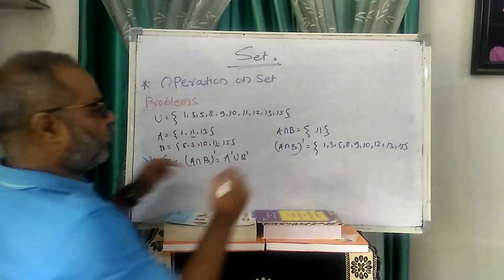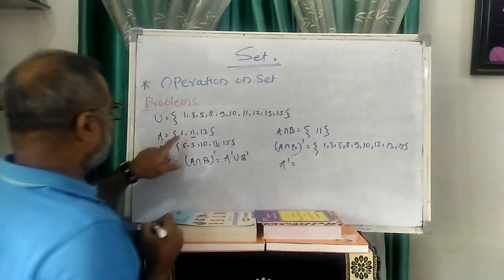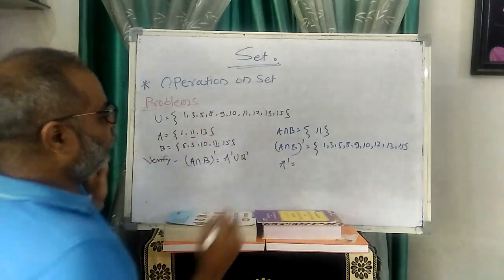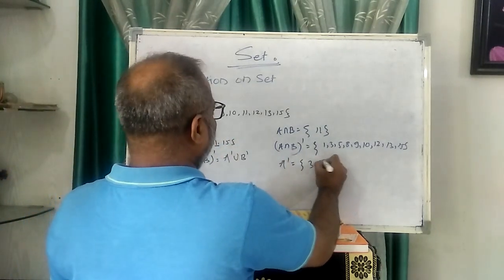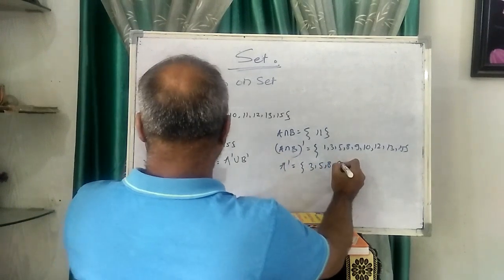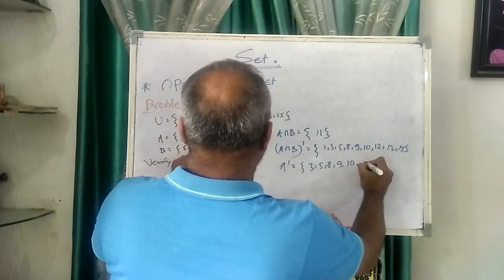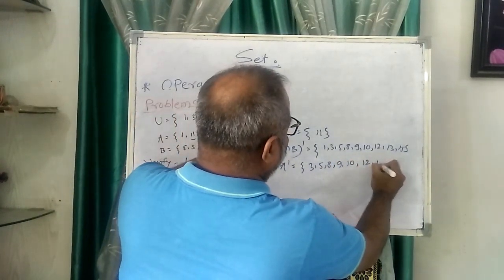I find A complement. A complement is 1, 11, 13 deleted from U. What I get here is 3, 5, 8, 9, 10, 12 and 15.